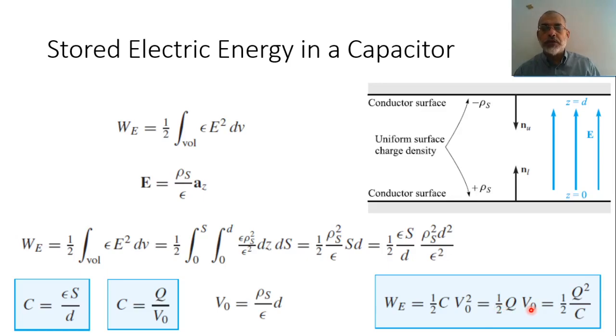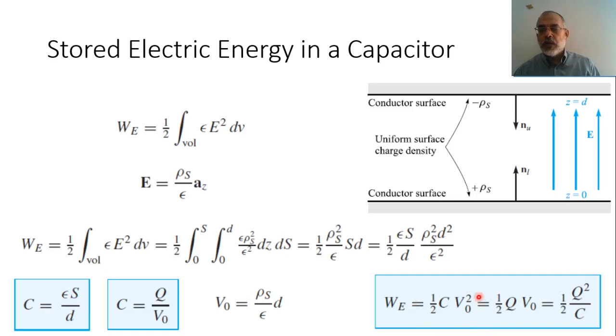Or in other words, we can say that V equals Q over C. So in this case, the stored energy is half the capacitance multiplied by Q over C squared, so it can be simplified as half Q squared over C. So these are the three forms for the stored electric energy inside the capacitor.